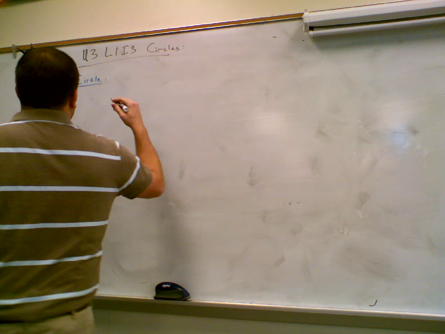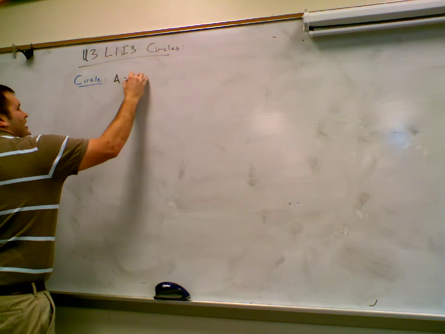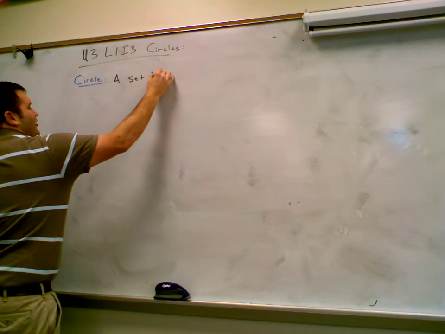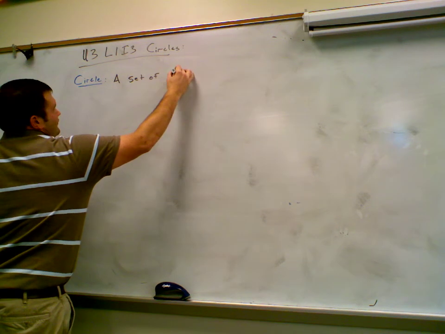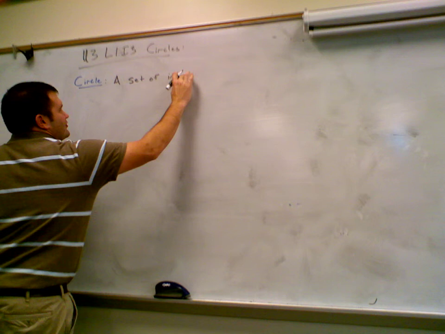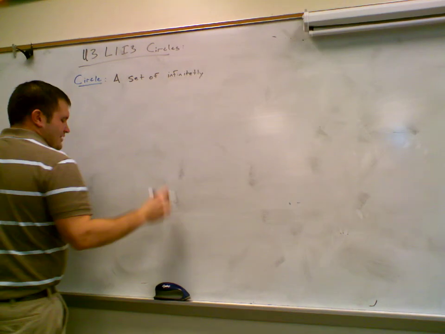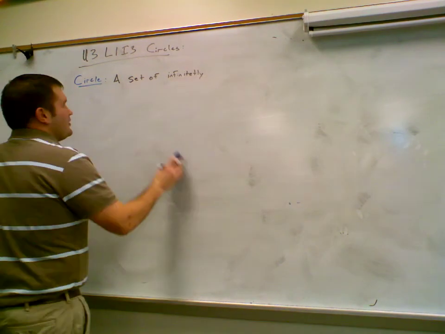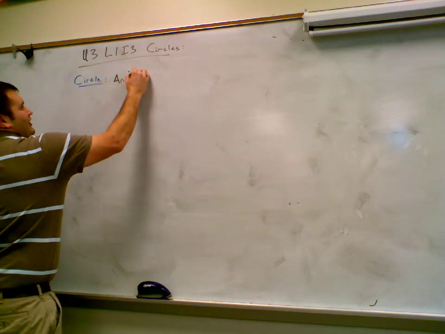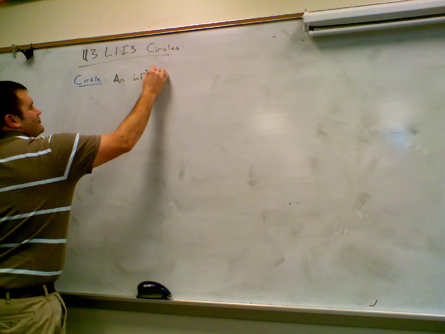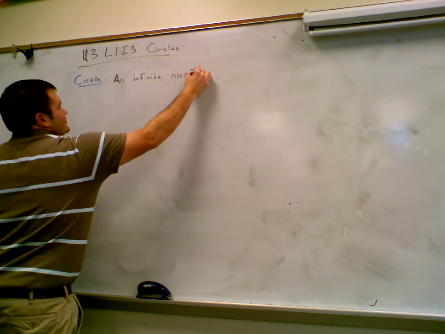A circle is a set of infinitely many points. I won't write this. Okay. An infinite number of points.